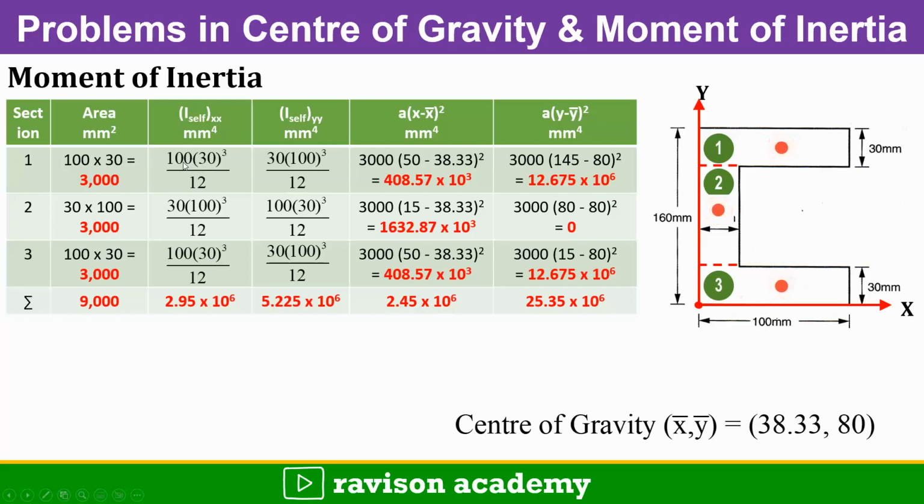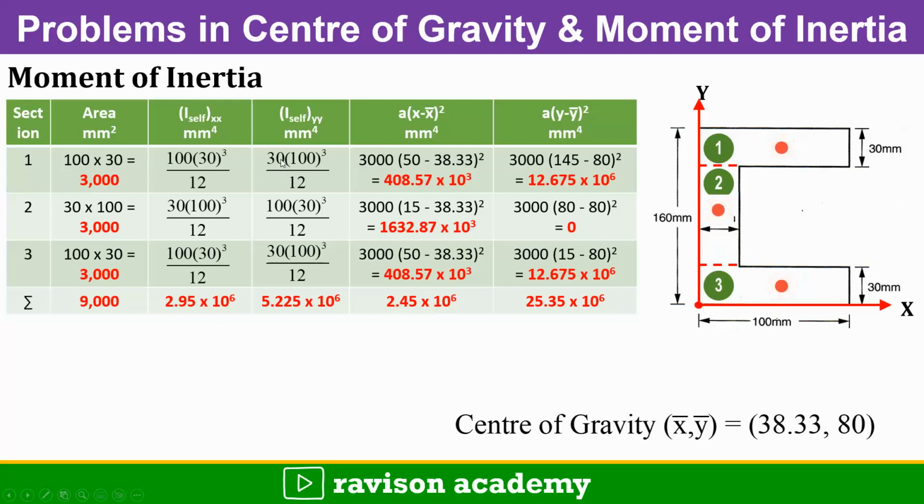For the first section, b is 100 and d is 30, so 100 into 30 cube by 12. Similarly, for the first section Iyy is d b cube by 12, where d is 30 and b is 100, so 30 into 100 cube by 12.